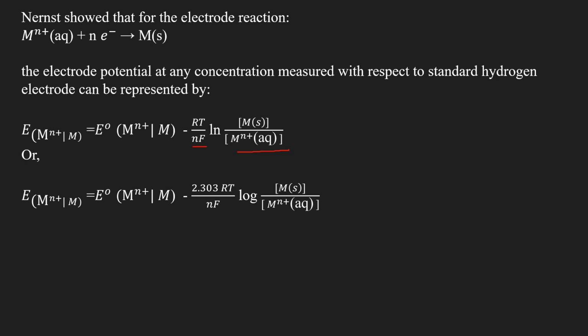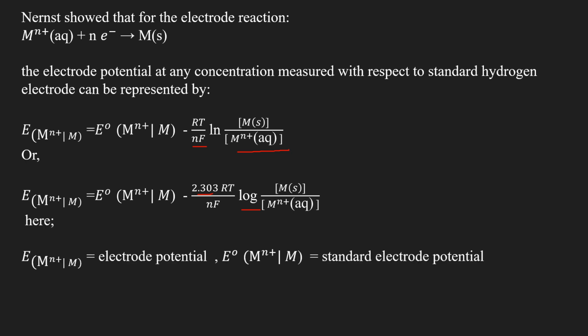If we replace natural log with log base 10, we multiply by 2.303. Then the equation becomes E of M equals E naught of M minus 2.303 RT upon nF log of concentration of metal divided by concentration of metal ion.